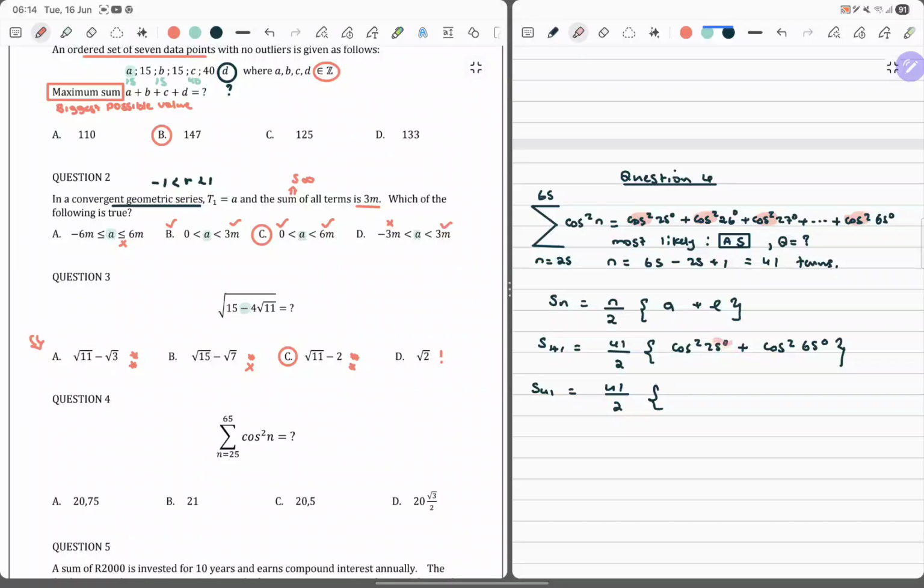So S41 is equal to 41 over 2 into, now a further inspection, one will appreciate that 65 plus 25 gives us 90. So we can try to use our cofunctions here to move around. But first, this is cos squared of 90 degrees minus 25 degrees. Perhaps let's use round brackets.